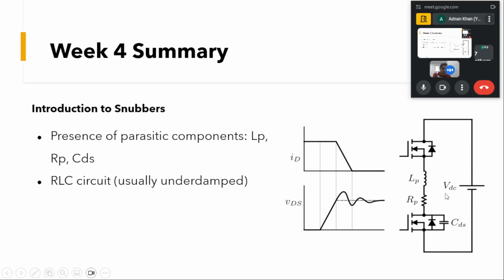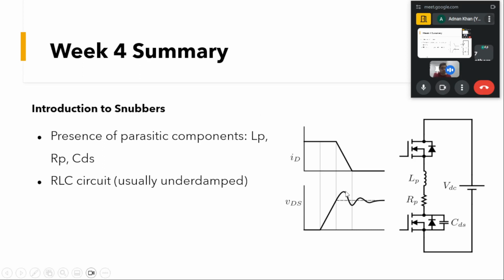And when we turn off this device, the voltage needs to rise. If you can see here, when we turn off this device, then voltage needs to build up to some steady state value. But because of this RLC circuit, there will be some ringing and overshoot as well, and it can go beyond that because our system is underdamped.